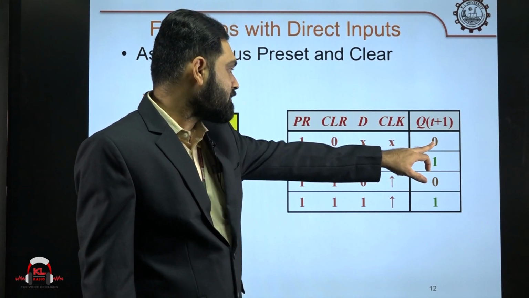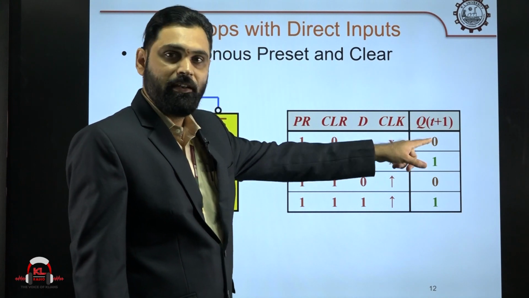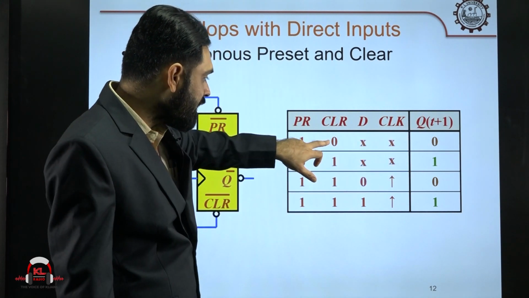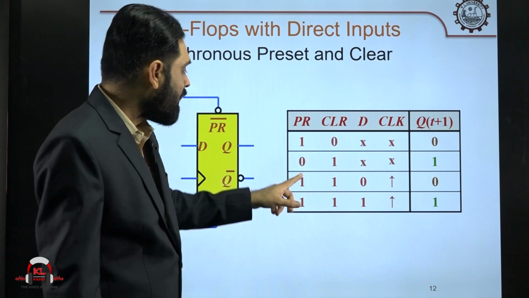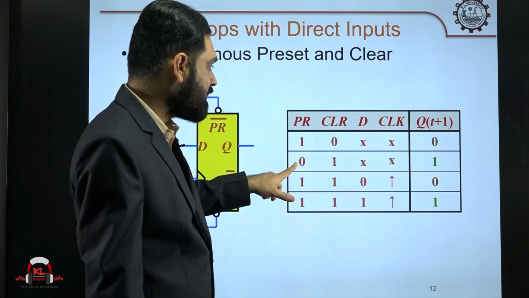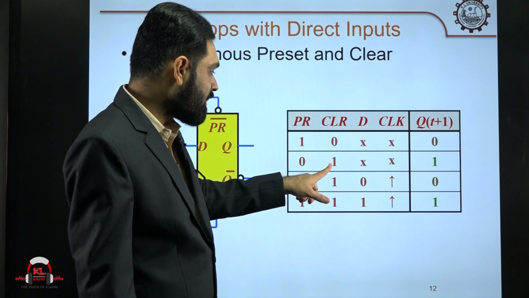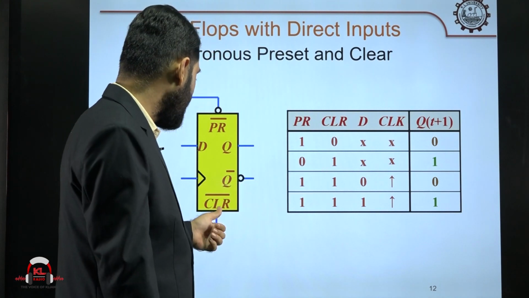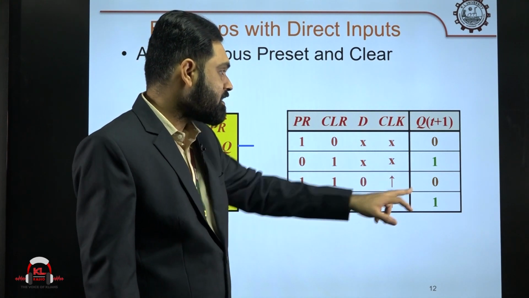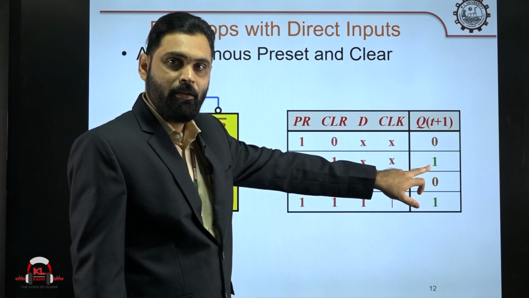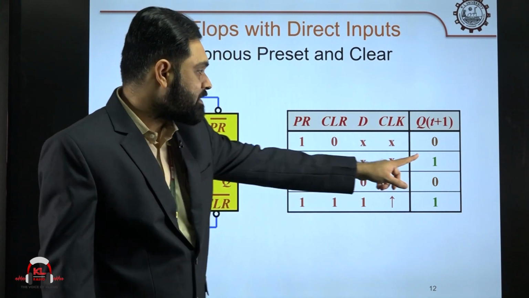In that case the next value will be 0 only. Why is the next value 0? Because you are sending signal 0 to clear the flip flop. And when preset is 0 and you are not clearing, you are presetting the flip flop. So whatever the D and clock conditions, the next state will be 1, because you are activating preset here.